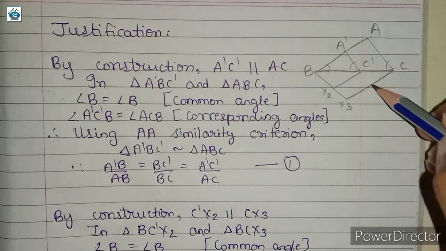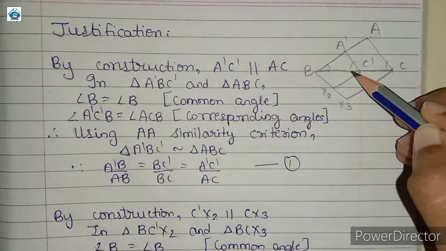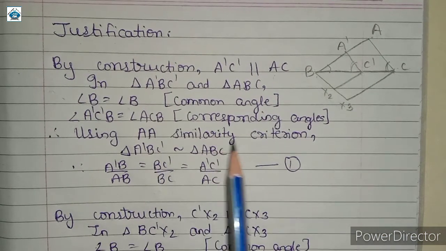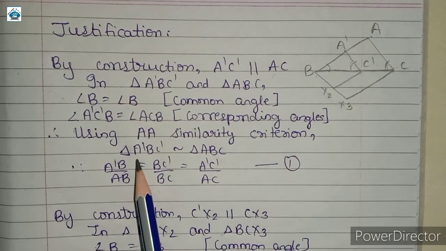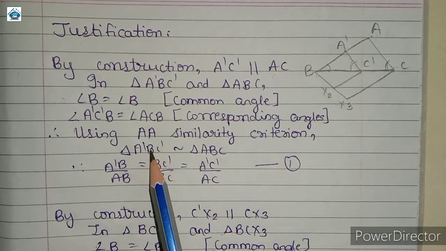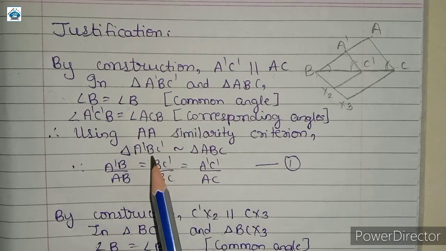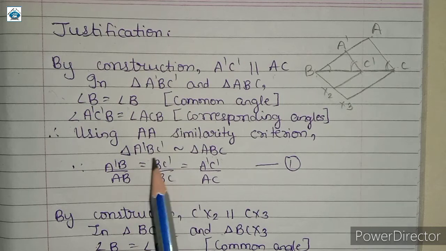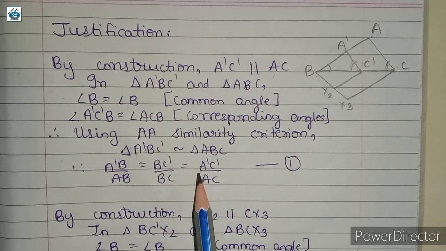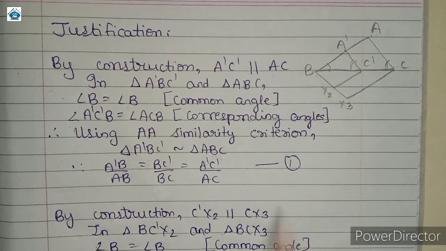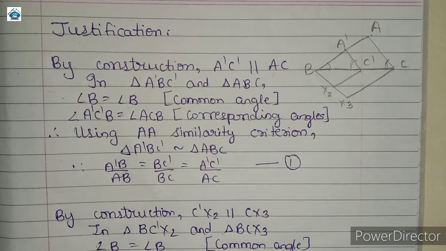They are formed because of parallel lines and a transversal. Now, using angle similarity criterion, we can say that these two triangles are similar. Therefore, A dash B upon AB is equal to BC dash upon BC and A dash C dash upon AC. These three are equal. Let this be the first equation.